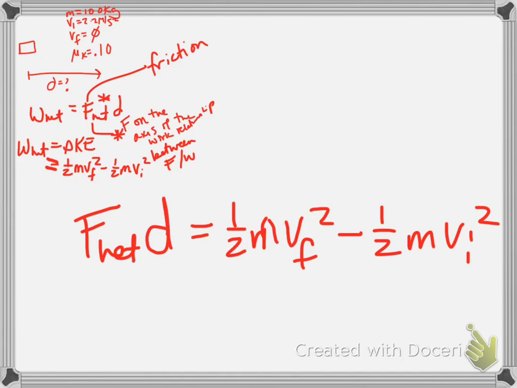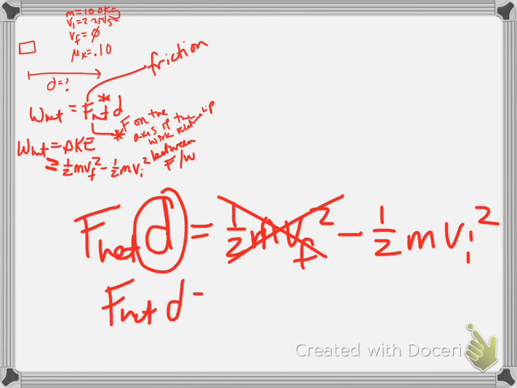What are we looking for? We're looking for distance. So let's simplify things as much as possible right off. What's our final velocity? 0. So that whole thing goes away. We now have net force times distance equal to the negative of 1/2 mvi squared.